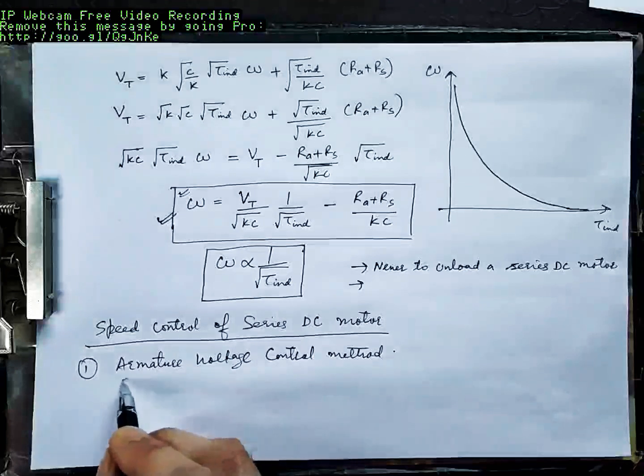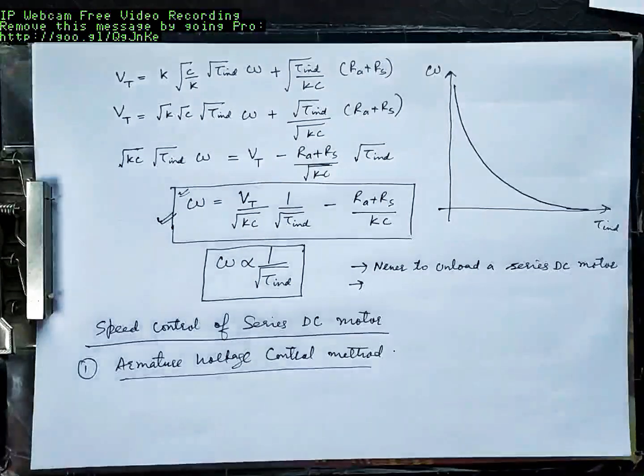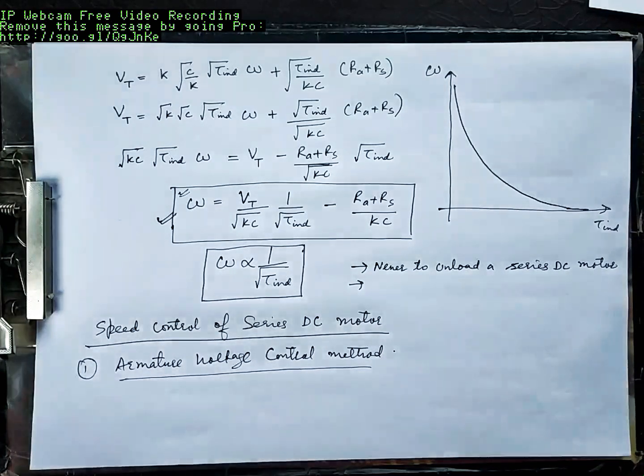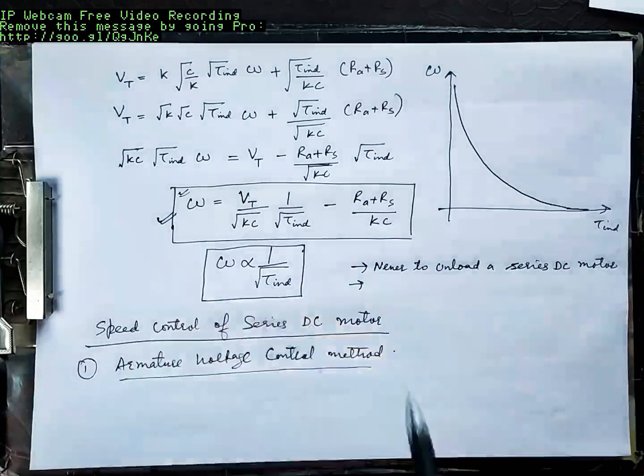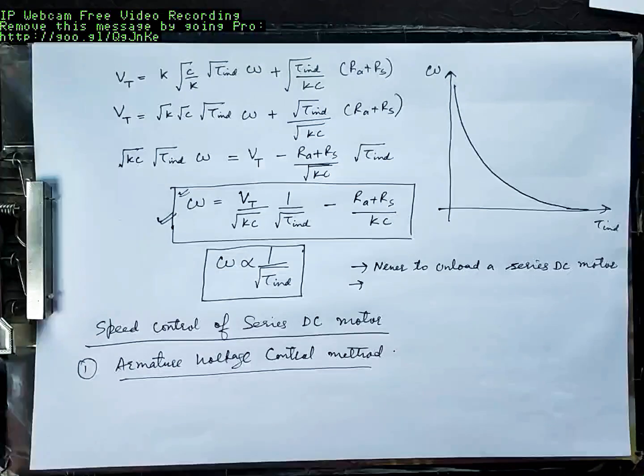Thus, armature voltage control is basically used to control the speed of DC series motor.